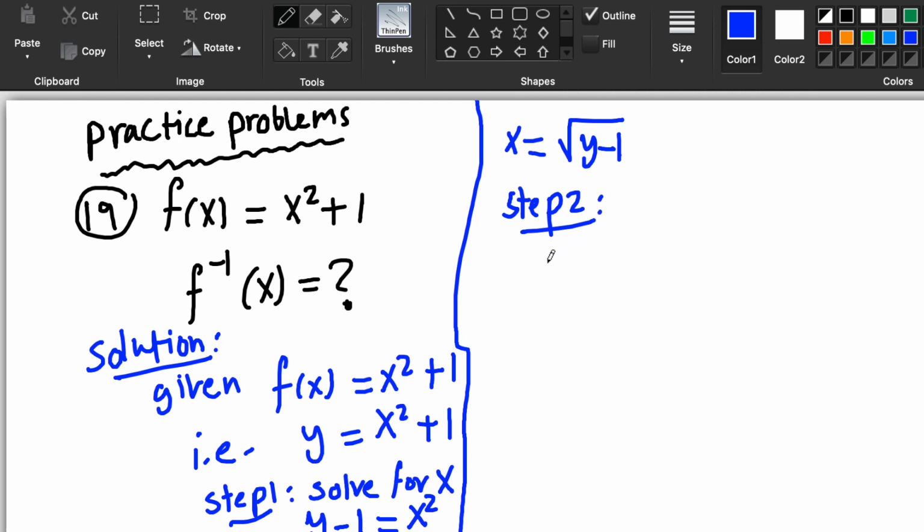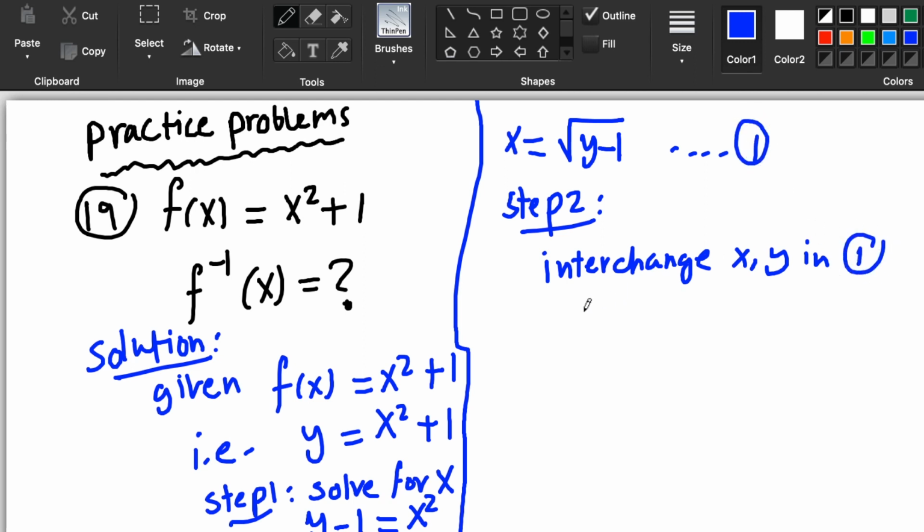Step 2 is interchange x and y. And let's call this 1. So it becomes y equals square root of x minus 1.